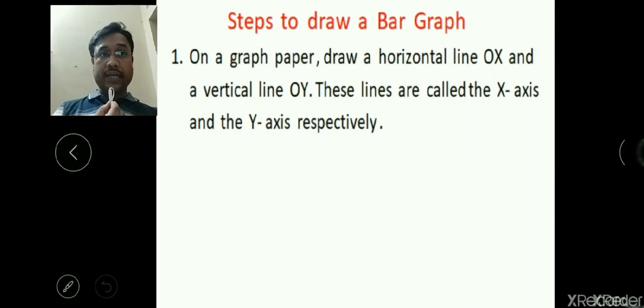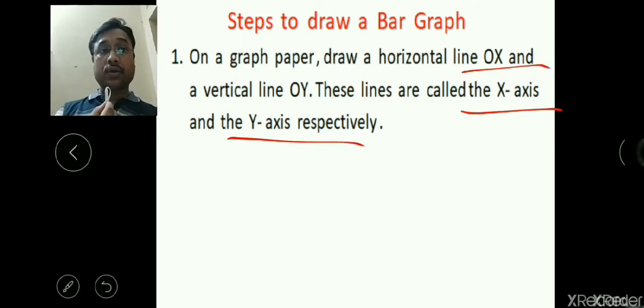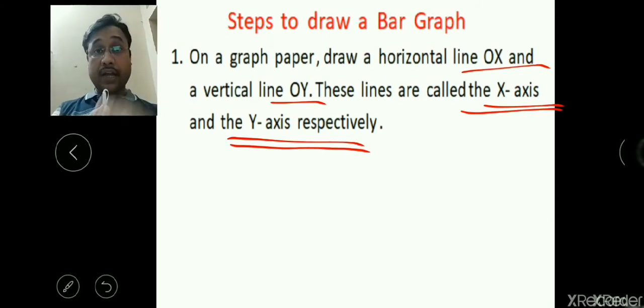The first line OX is called the x-axis and the second line OY is called the y-axis, which you will draw on the graph paper.